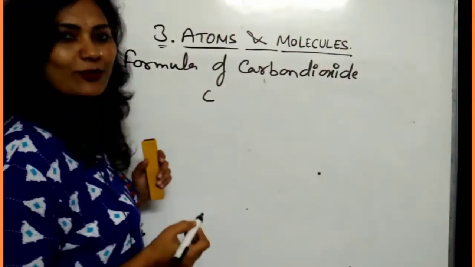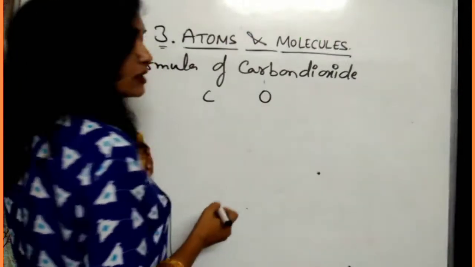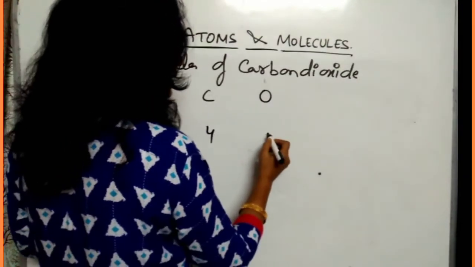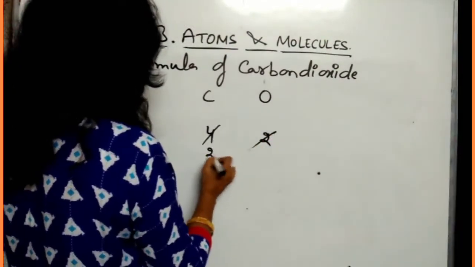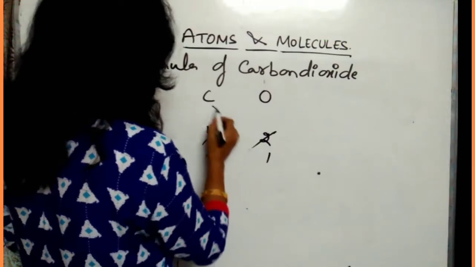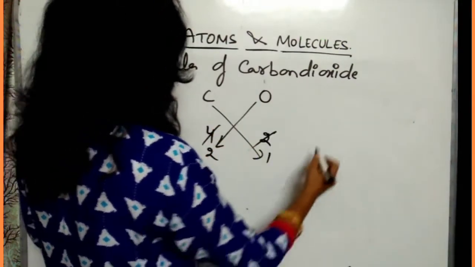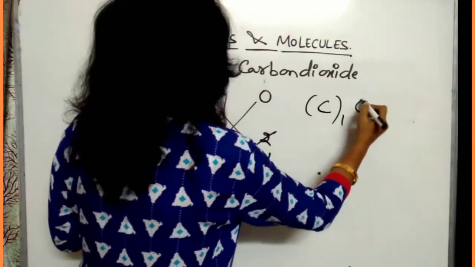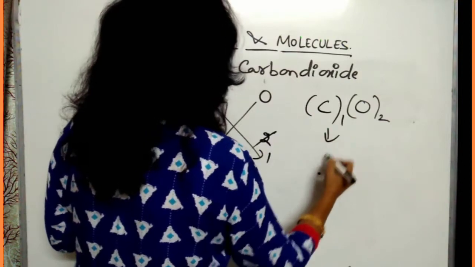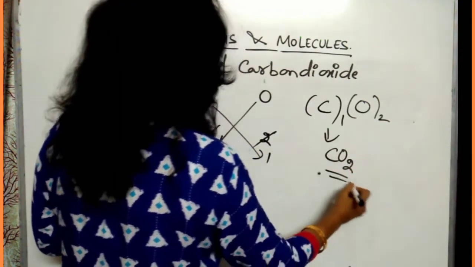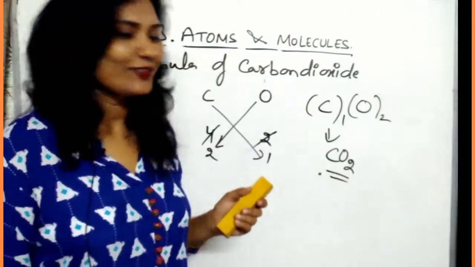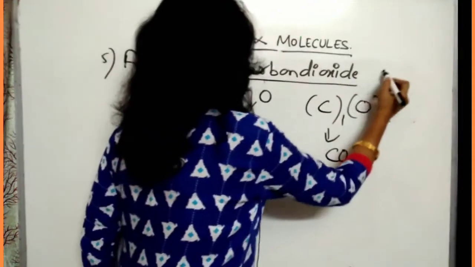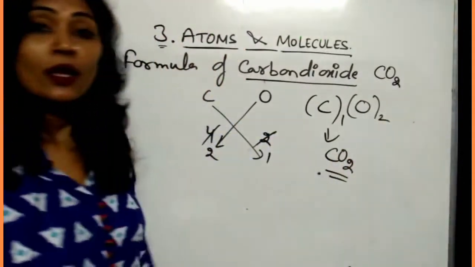C for carbon and O for oxygen. Carbon valency is 4 and oxygen valency is 2. 2 ones are 2, 2 twos are 4, so it will become 1 and 2. Cross over the valency: C is 1 and O is 2. Now take off the bracket and write CO2. So CO2 is the formula of carbon dioxide.